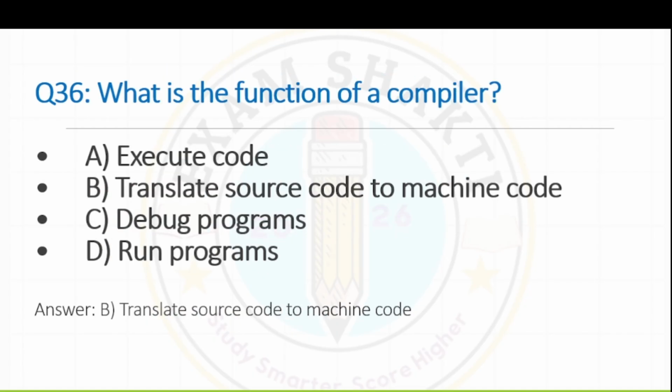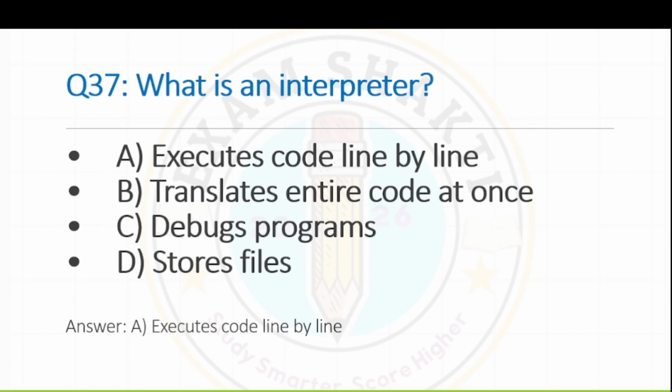What is the function of a compiler? Execute code, translate source code to machine code, debug program, run program. Answer B, translate source code to machine code. What is an interpreter? Executes code line by line, translates entire code at once, debug program, storage files.